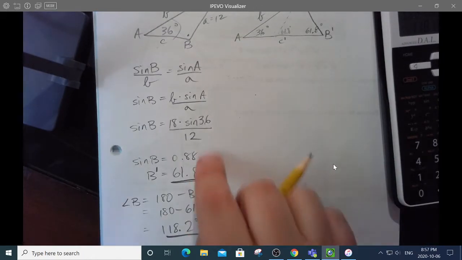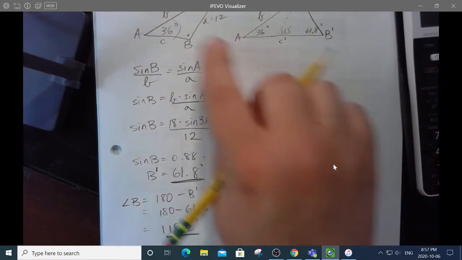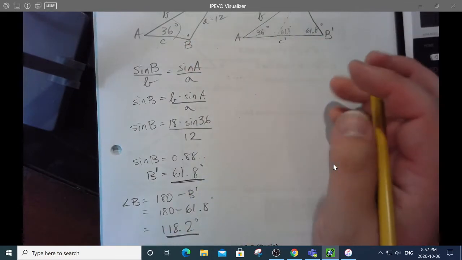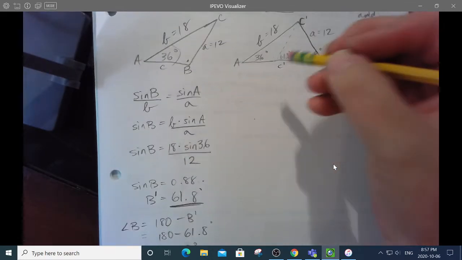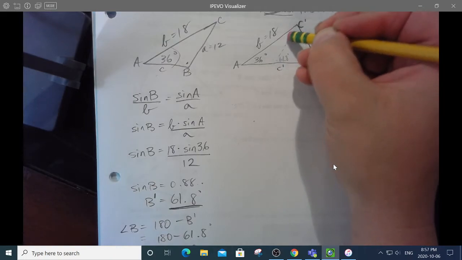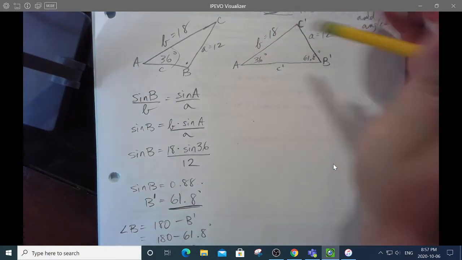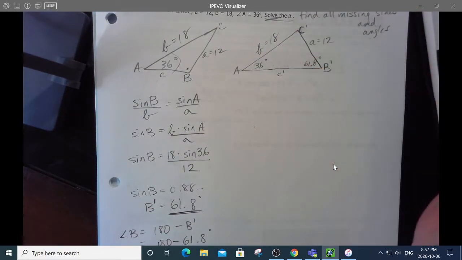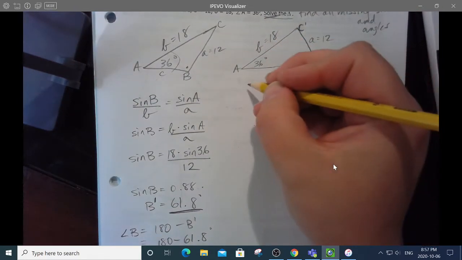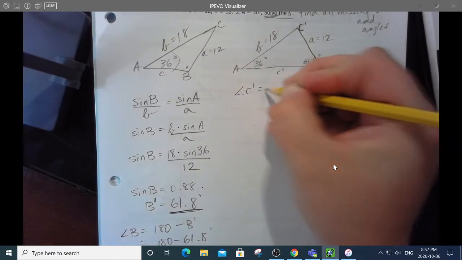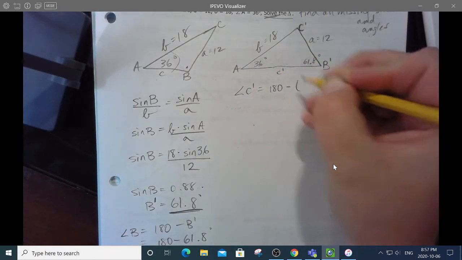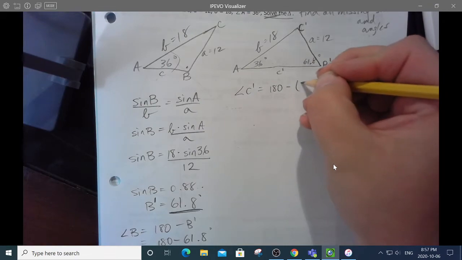Now, if I have two answers for angle B, I have to have two answers for angle C. So let's go to the acute triangle first. Remember, this stuff here I just added in to think about how big this angle has to be, so I'll get rid of it again. What do I know about angle C prime? Well, angle C prime would be 180 minus 36 plus 61.8.